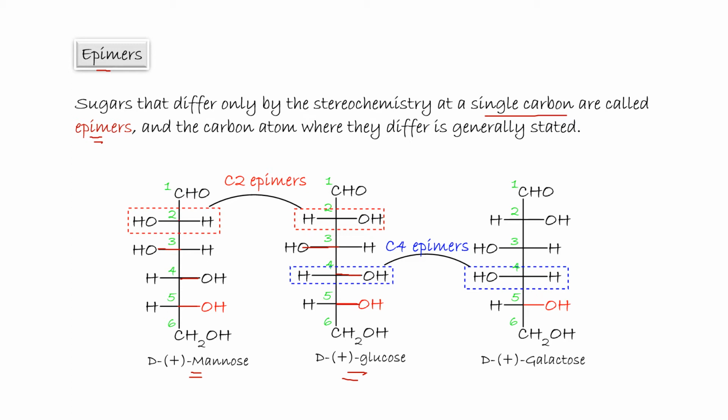Well, we get in here, this is left and this is right. So I call mannose and glucose epimers at C2, carbon number 2. We number 1 from the aldehyde, 1, 2, so they are epimers at C2.